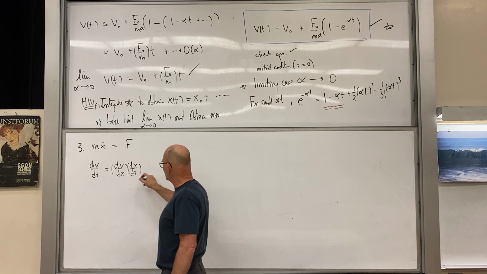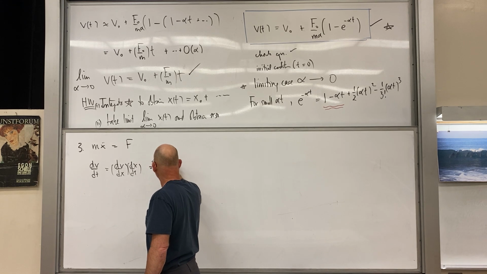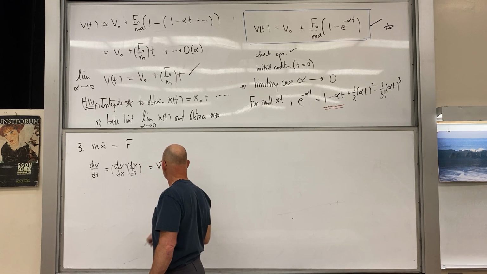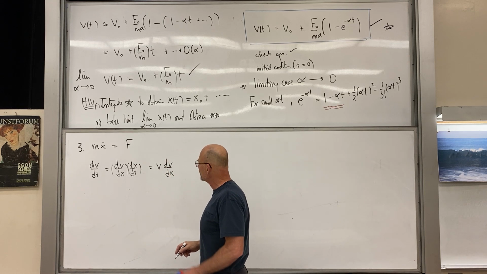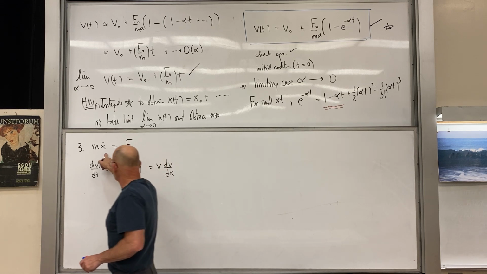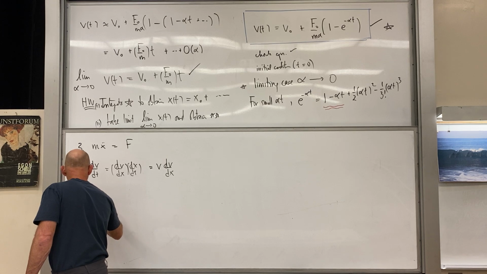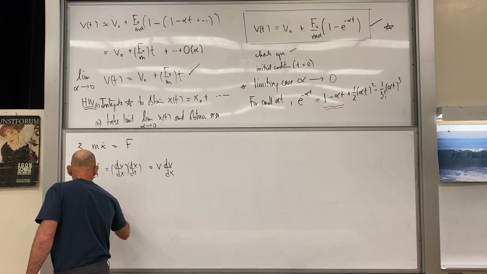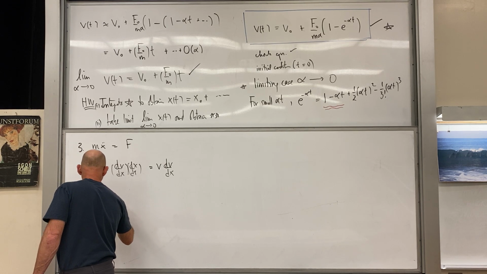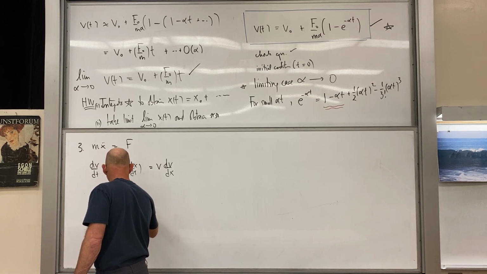But this itself is v, so this is v dv/dx. So we can write Newton's law in one dimension as m v dv/dx is equal to F.